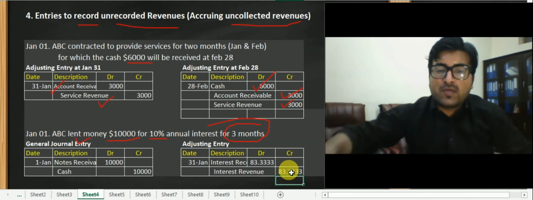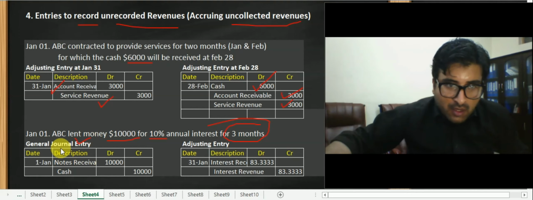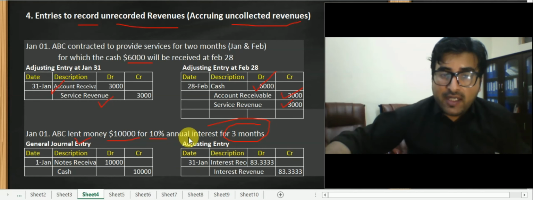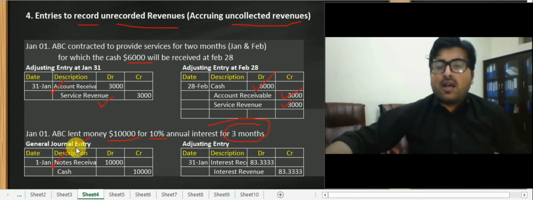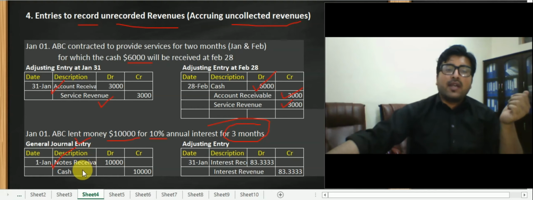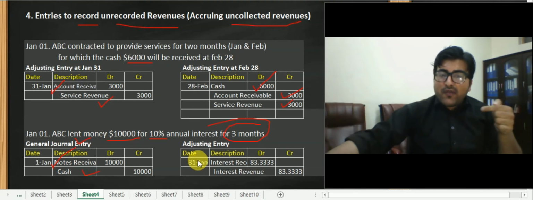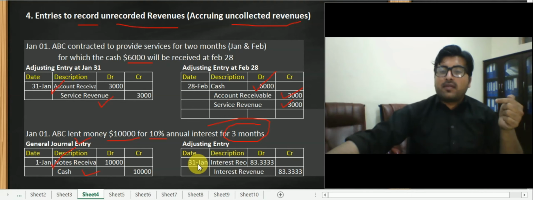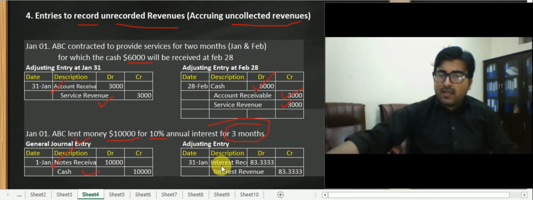Okay, now look here, dear students, let me conclude it here. ABC lent money $10,000 for 10% annual interest. So you are lending money. So what debited here? Note receivable account debited, because increase in asset should be debited, and here you are paying cash, so a cash account credited. Now after 1 month, the money you have lent is earning for you. How much? 10%.